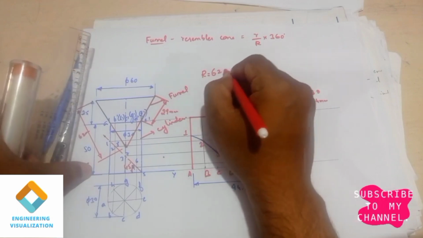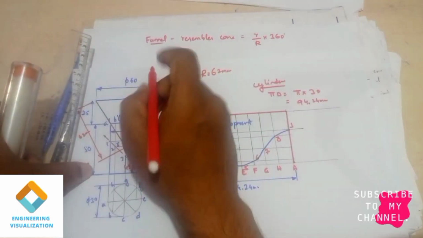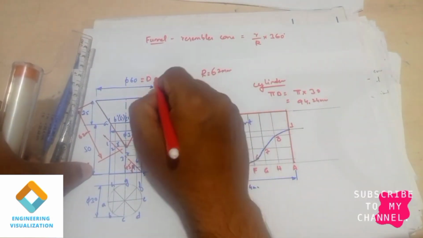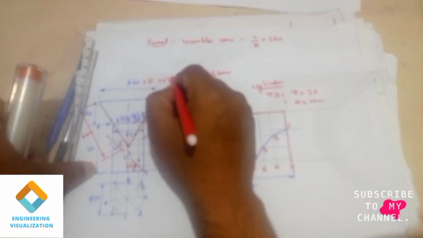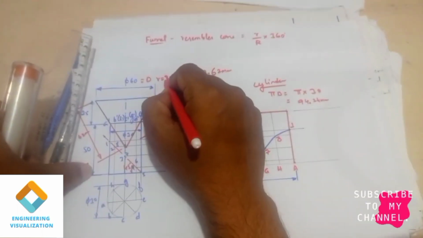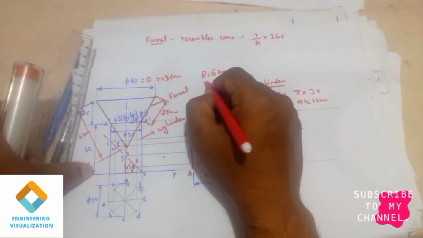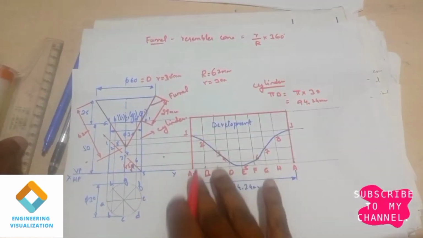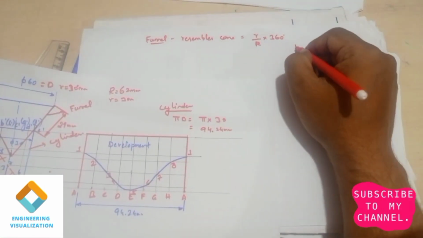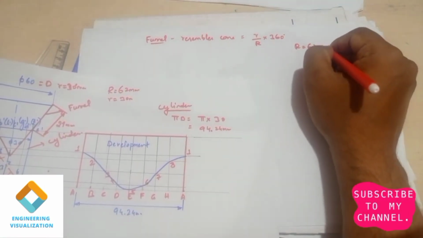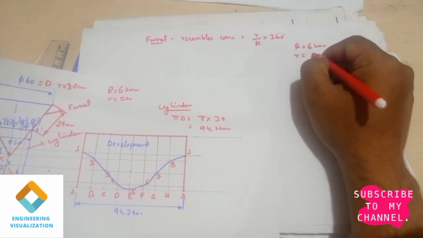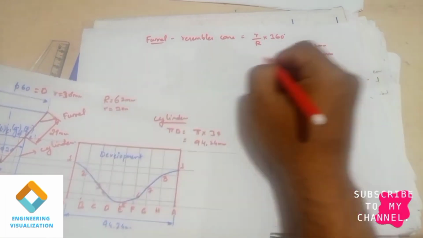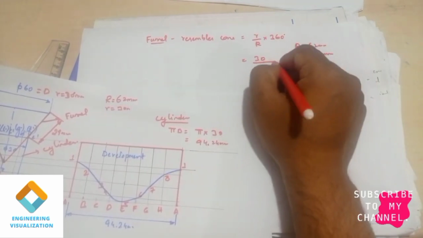Okay, so capital R, it is 62, that is slanted length, and diameter D is 60 mm. So that means R means radius will be 30. Okay, because we need to use this formula in the construction of the funnel, that is small r by capital R into 360. So capital R is your slanted length, small r is your radius length.